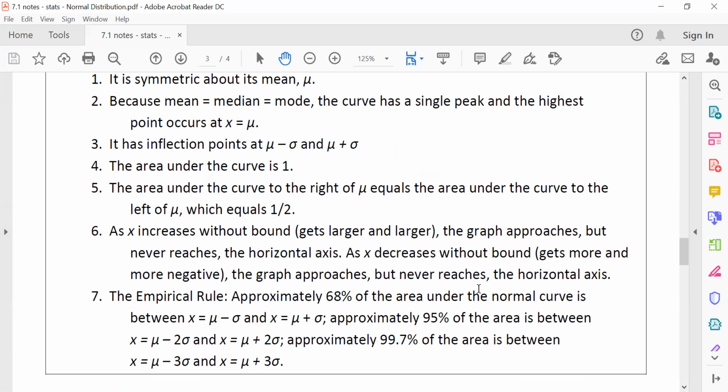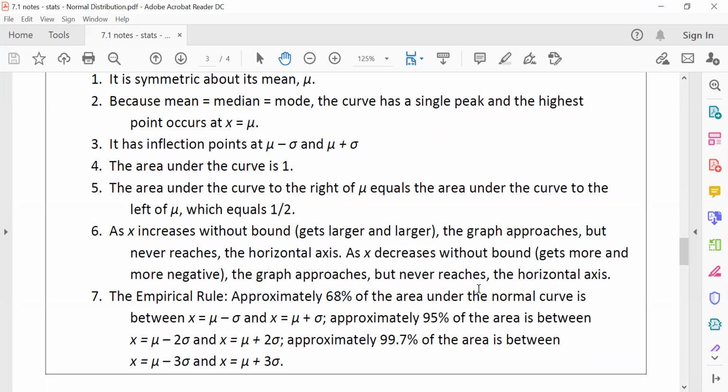Now, finally, the empirical rule, which is something we've already discussed before in the class, but now we're going to bring it full circle here. The empirical rule tells us that approximately 68% of the area under the normal curve falls within one standard deviation of the mean, between mu minus sigma and mu plus sigma.